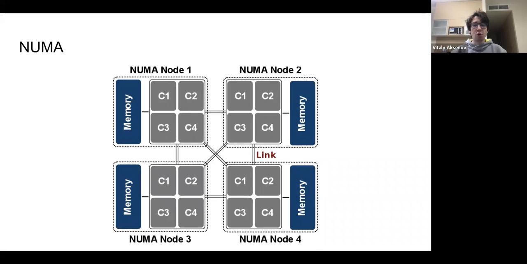And if you need to go to the memory of some other NUMA nodes, you have links in between the nodes. So you can see in the picture there are links. And of course, when you access not your own memory, not from your own NUMA, you will spend much more time than in the local memory.